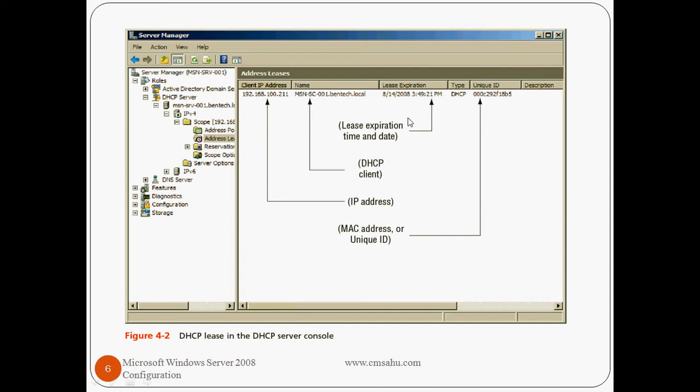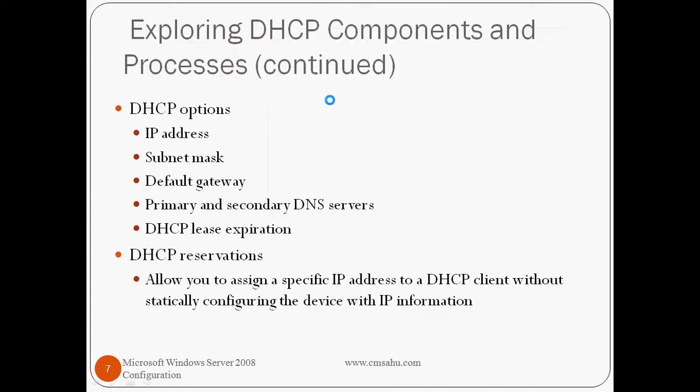I told you about the lease expiration, when it will expire, here 14/8/2008. So your lease period looks like this. You can see the lease expiration time, MAC address of the client, and IP address, and you can search it from here also. For clients that are getting an IP address, you can get it from the DHCP console, right?